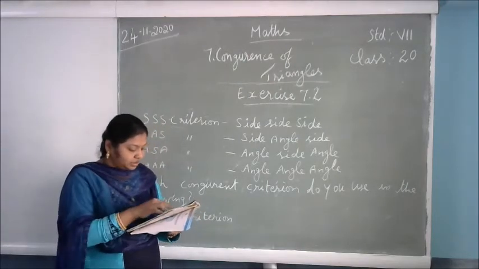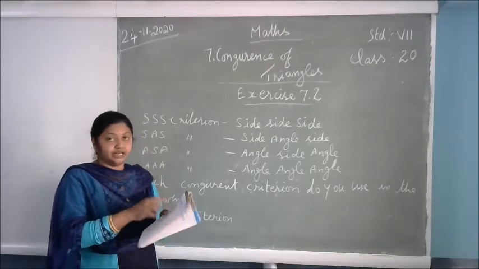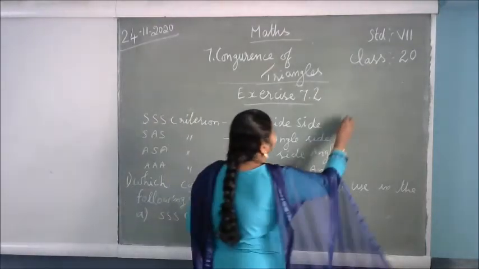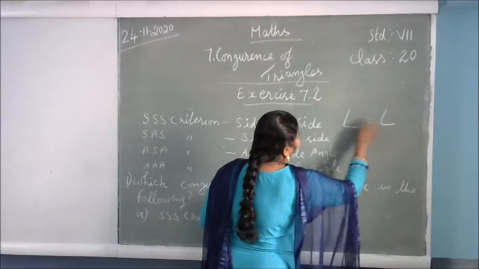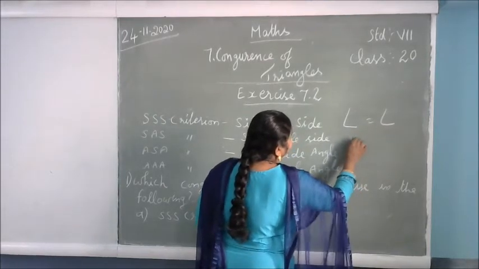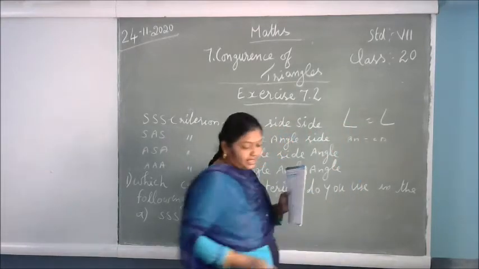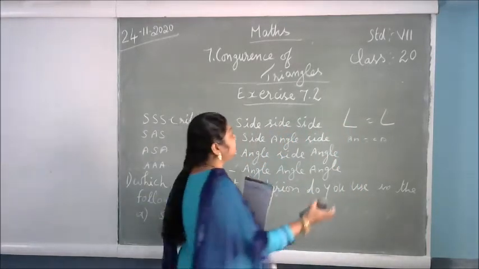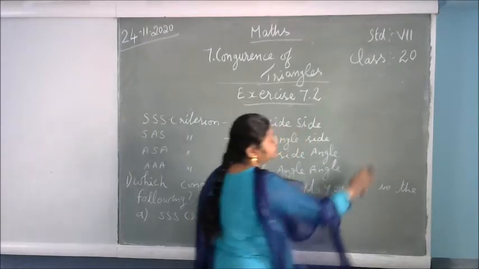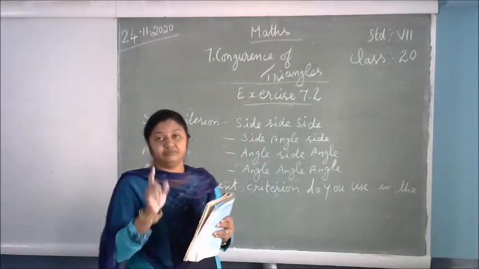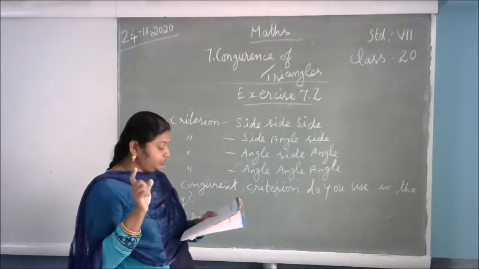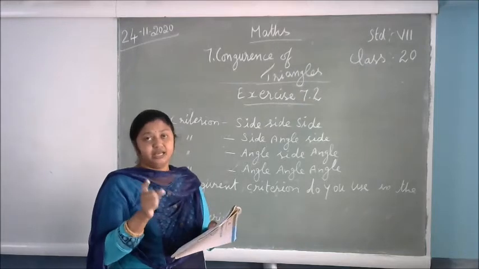Second one is 2 sides and 1 angle. Angle sign you know. If they are giving a sign like this is equal to like this, and AB is equal to C, this is called a side and this one is called an angle. Here 2 sides and 1 angle. So the second one is SAS criterion.